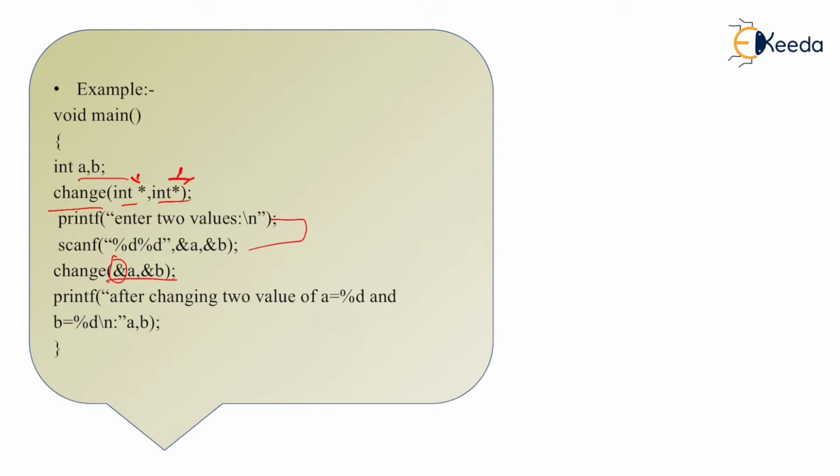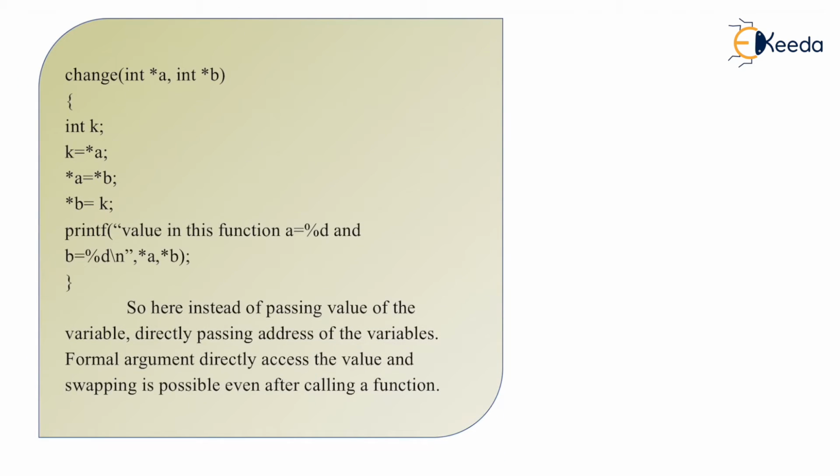After changing the two values of a and b, the printf statement is given. So when this function gets called, what happens? The address of a and address of b will come here, right? So it will perform the swapping using the addresses.